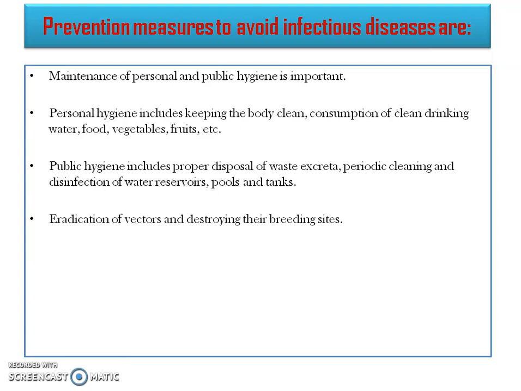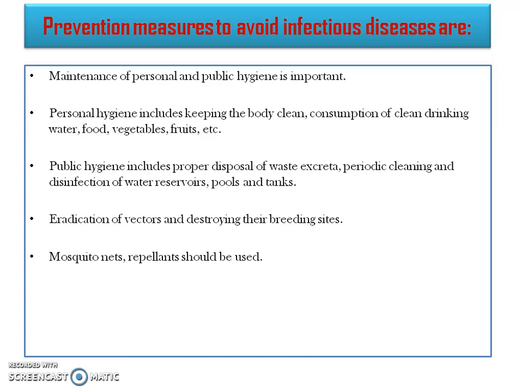The next is the eradication or destruction of vectors, that is the carriers like mosquitoes, which help in carrying infectious diseases from one organism to another, and we should destroy their breeding sites, that is, perform proper disinfection of the breeding sites of different types of vectors.